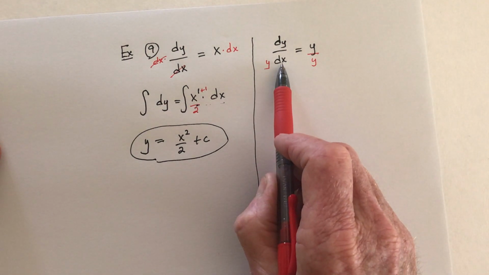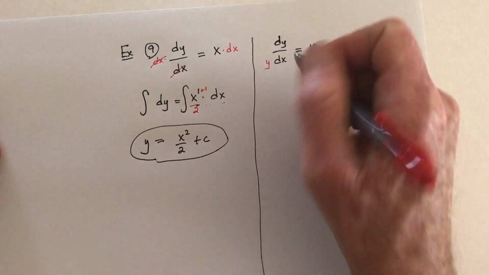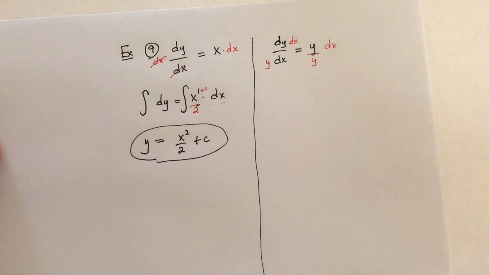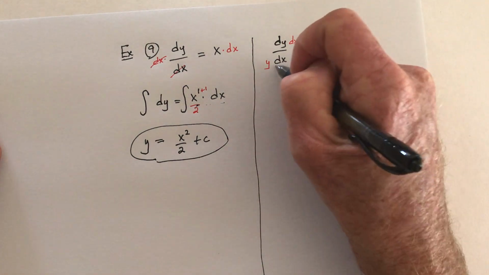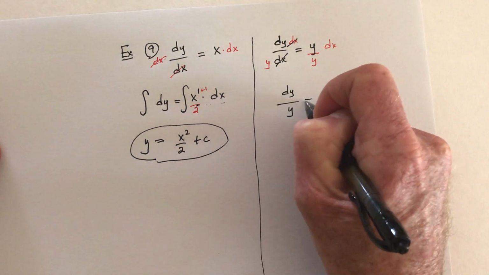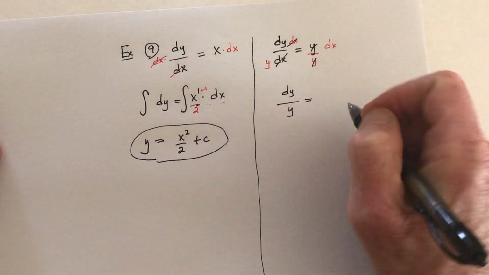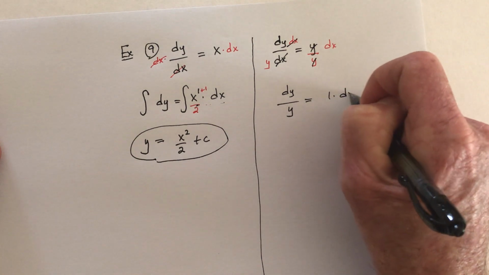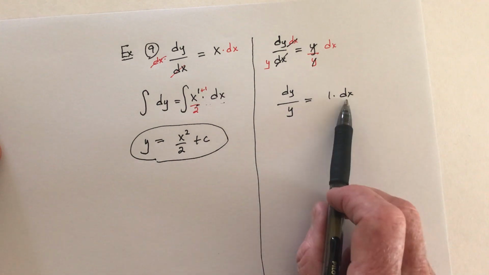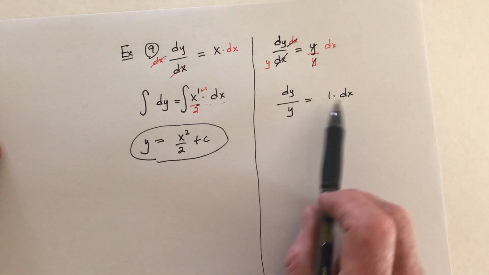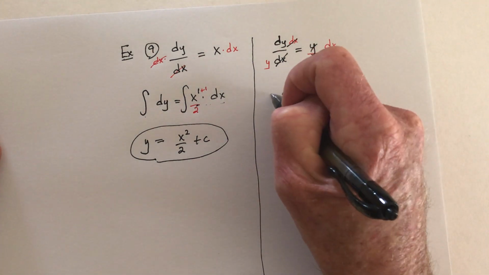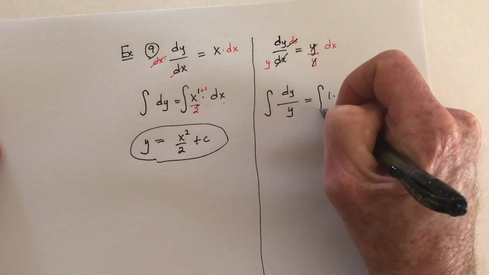And I'm going to move this dx to the right by multiplying, so multiply by dx and multiply by dx. These cancel, leaving dy over y, and these cancel, leaving just 1 dx. Now the y information is on the left, the x information is on the right. That's when we do the integral on each side.